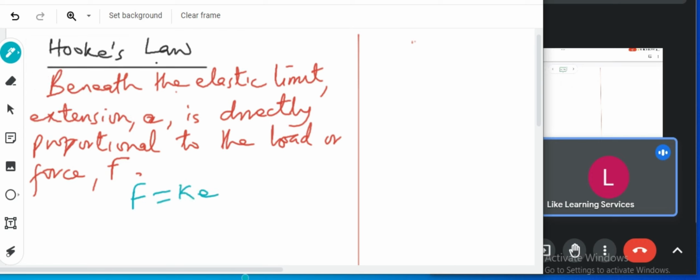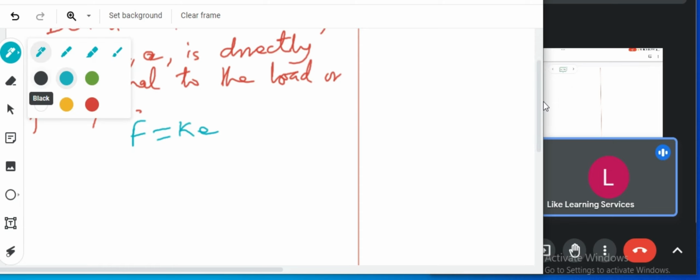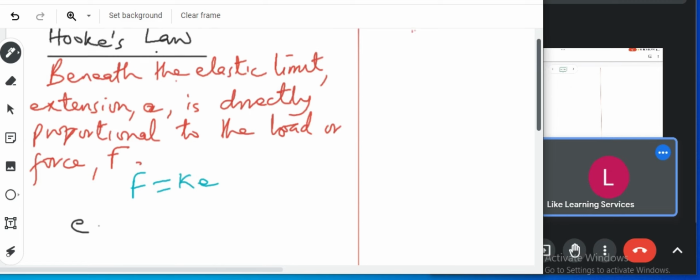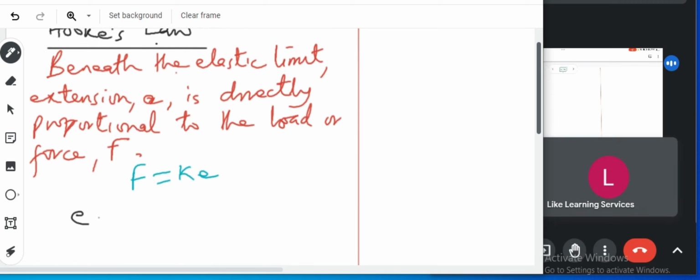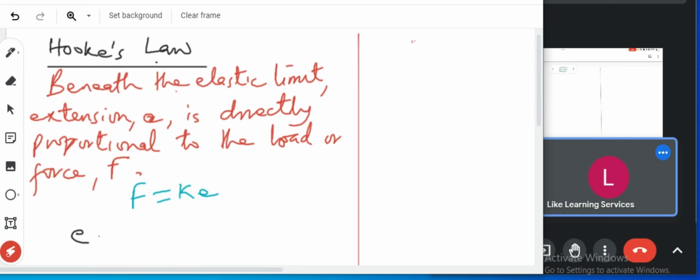Okay, so if we plot the graph of F against E, or E against F, by the way, what is the proper way? Based on this definition of Hooke's law, which one is the independent variable?